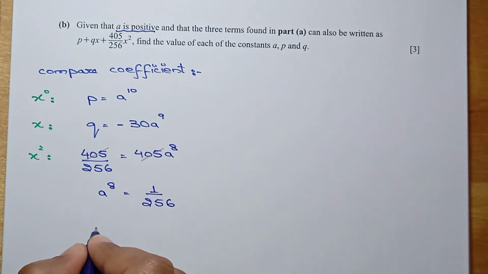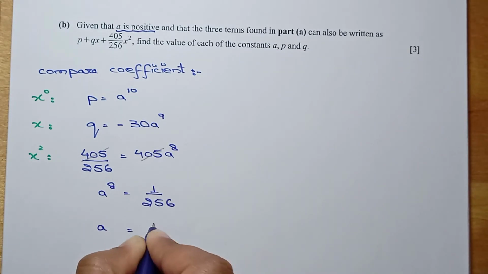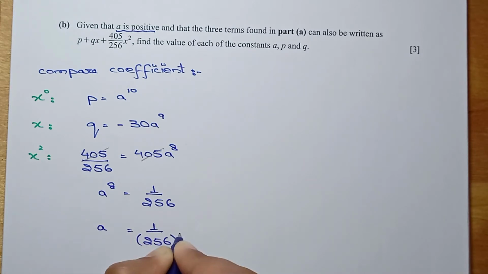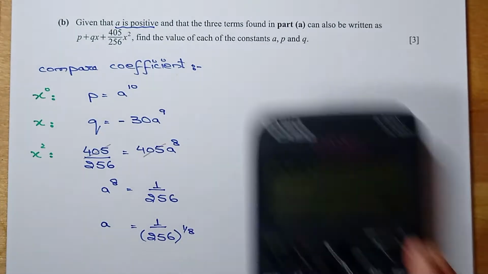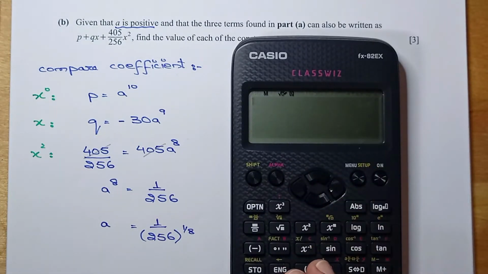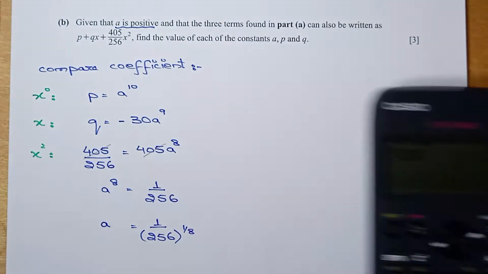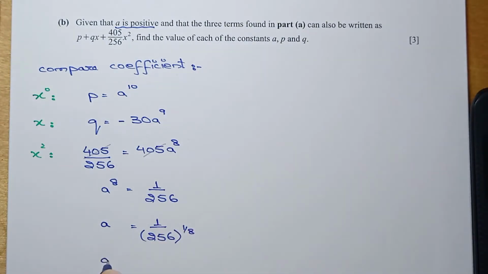And to find the value for a, we need to take the 1 by 8 root, the 8th root, of 1 over 256. If I find the 8th root of 256, we have 2, right? So a value is 1 by 2, right?